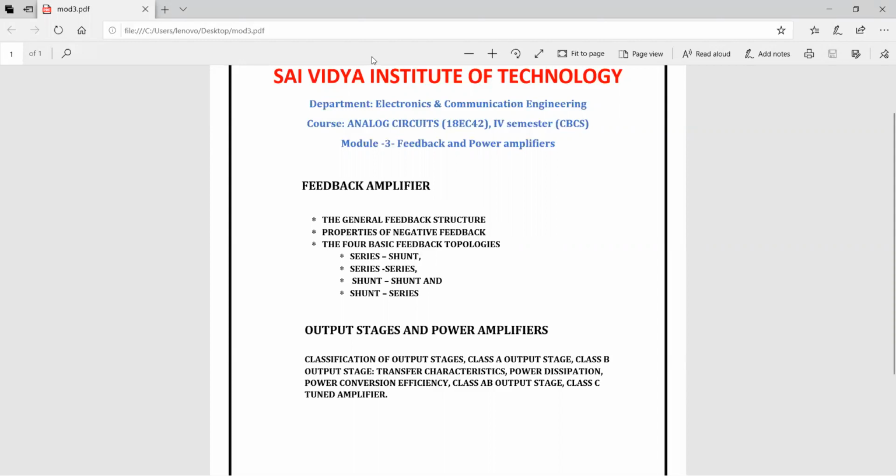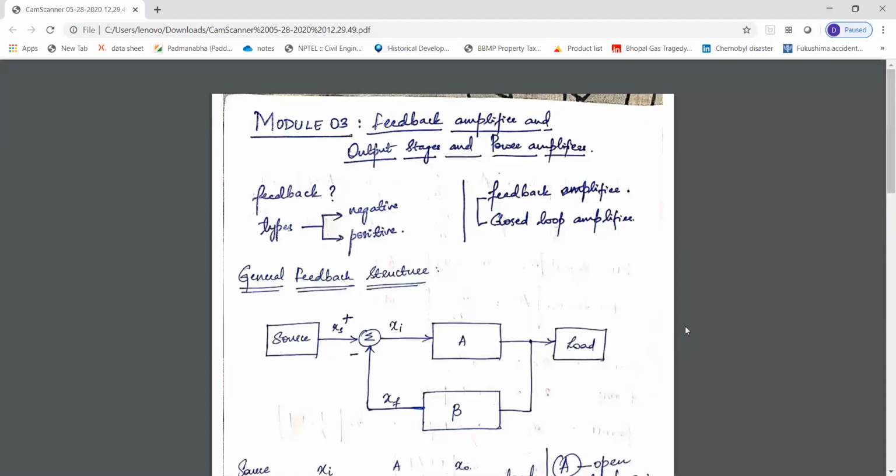Before moving on, we need to understand what feedback is. Feedback means a part of the output signal is sampled back as the input to the circuitry. It can be of two types, either positive or negative. Any amplifier which has feedback is known as a feedback amplifier.